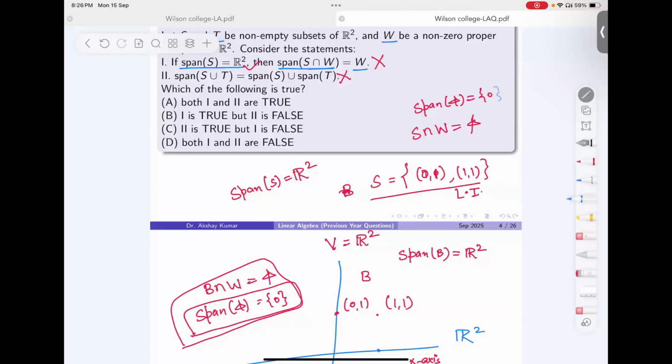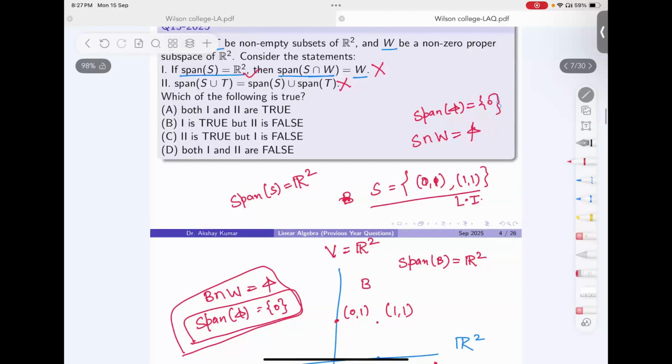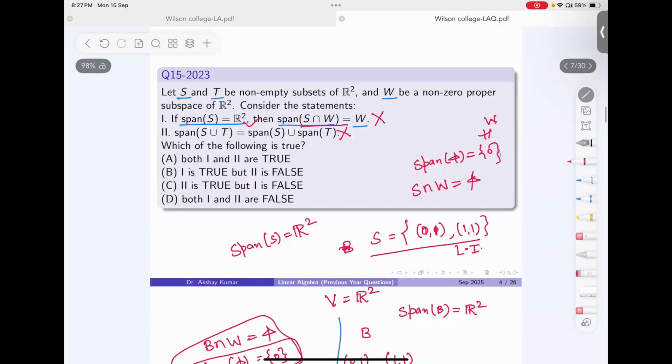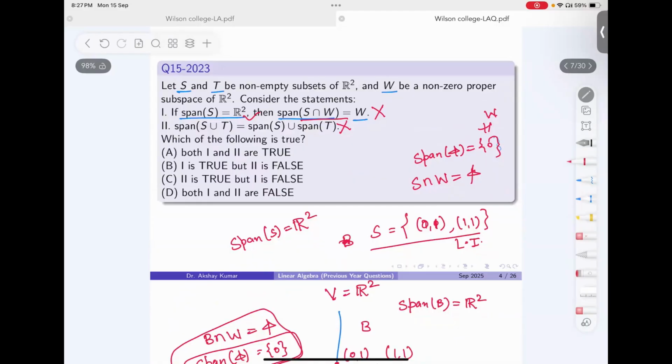But this is not equal to W. So both statements are in general false.